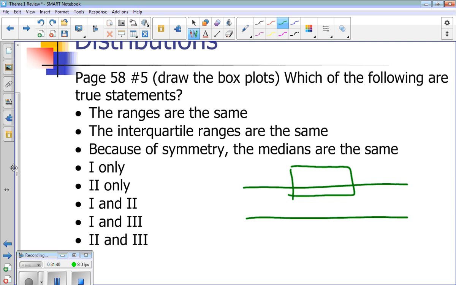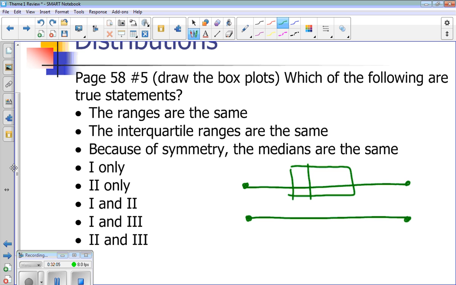Exactly, as long as the scales are the same, no matter what I've drawn for the second graph, the ranges are the same. Would you agree? No. Nope. The way that they're drawn, there's no outliers drawn. That's the whole graph. Okay, so the ranges are exactly the same.